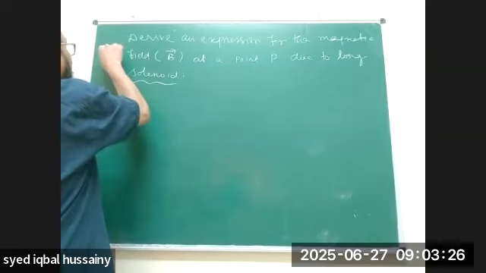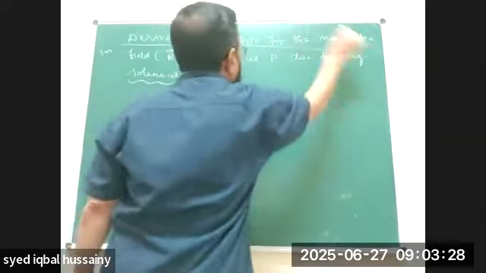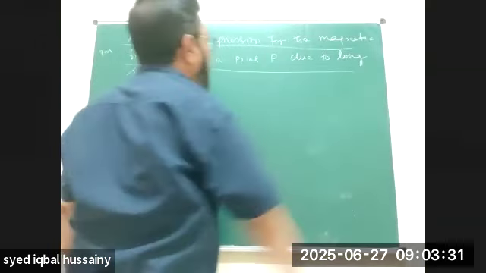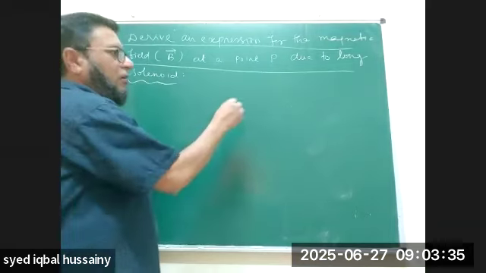So this is a 3 mark derivation. Derive an expression for the magnetic field at a point P due to a long solenoid. First we'll do the long solenoid diagram, children.